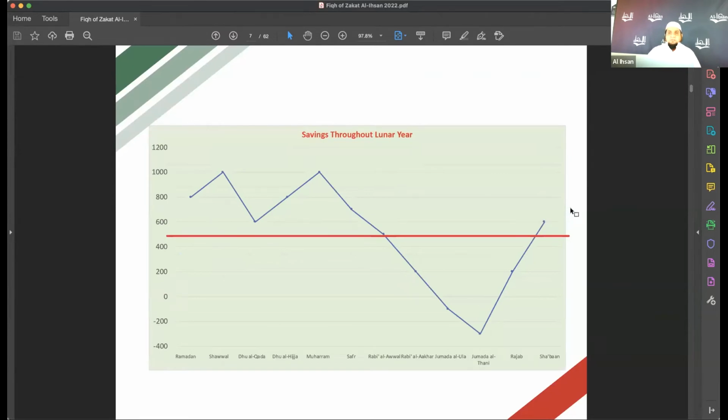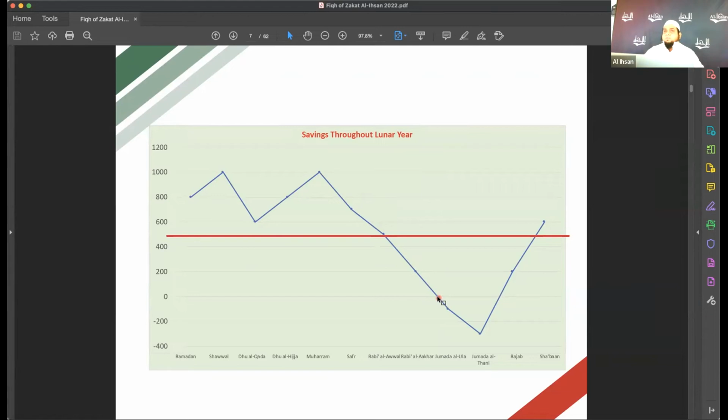They go into debt throughout the year, and then they gain wealth back again. Then the situation is a little bit different. So looking at it here, this person also started with 800. Let me just put this on, it'll be easier for you to see. They went up to 1,000, they went down, they went up, and then they dropped until around Jumad al-Ula, it looks like.